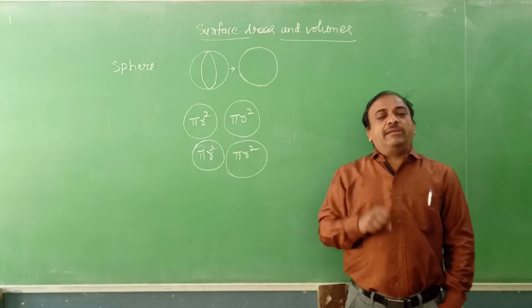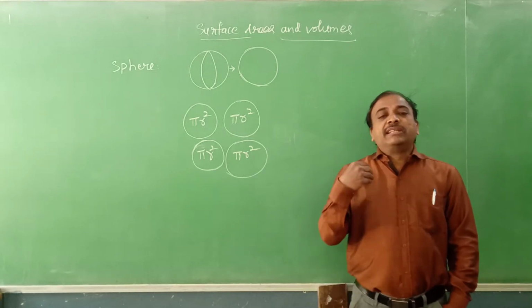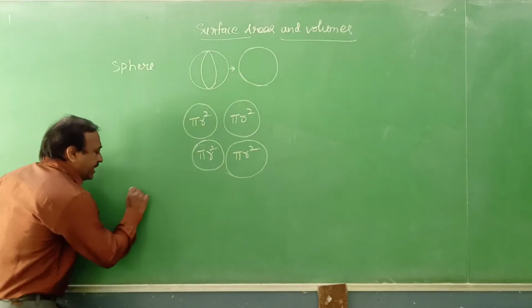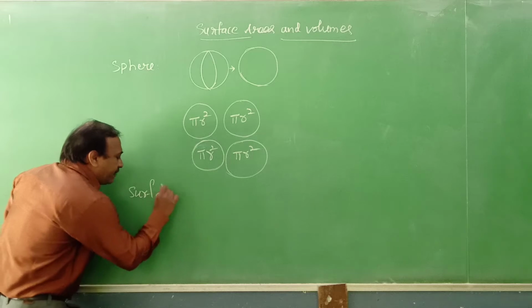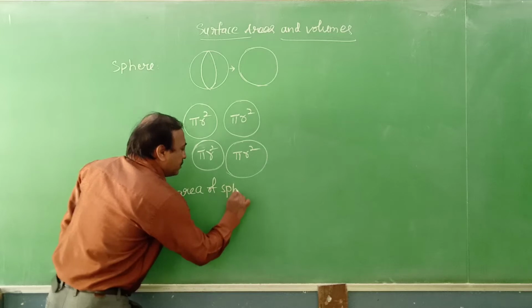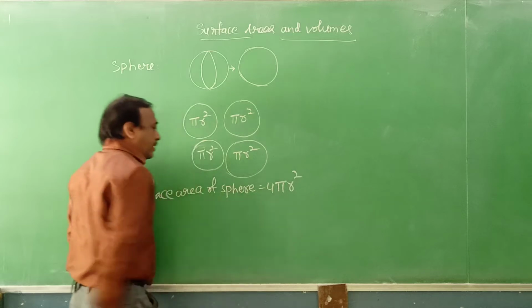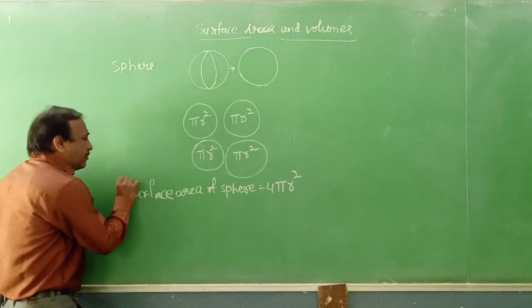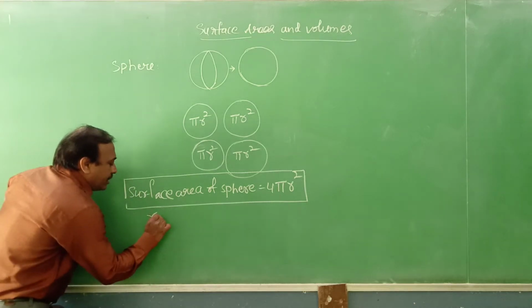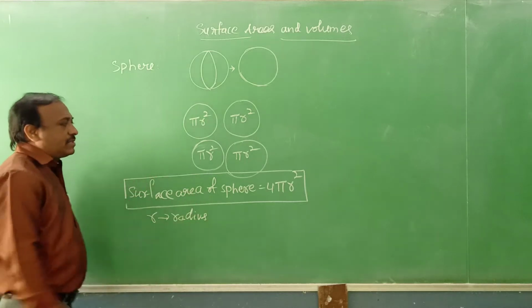No need to mention it again. So a sphere has only one, that is total surface area. So the surface area of a sphere is equal to 4 pi r square, where r is the radius.